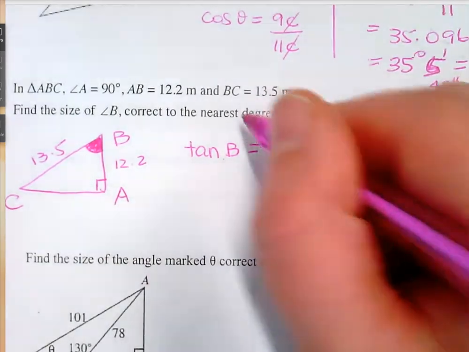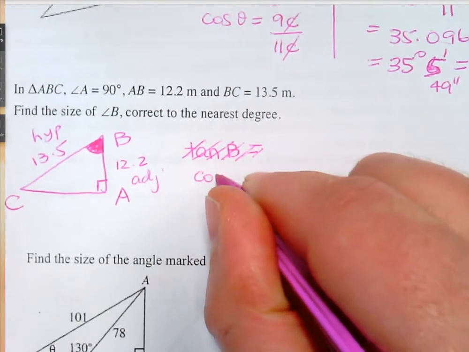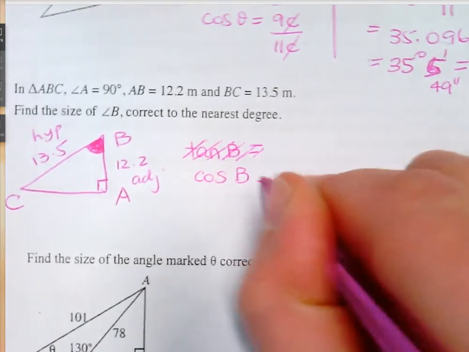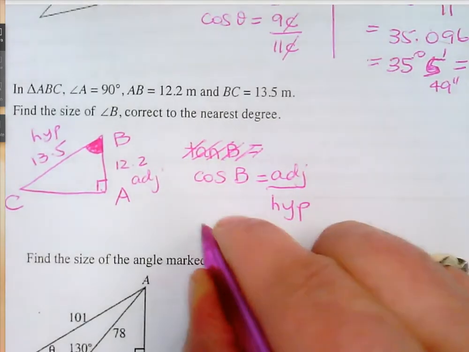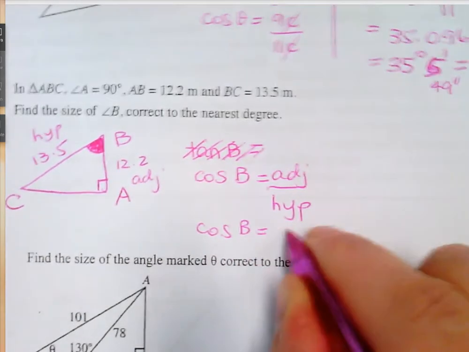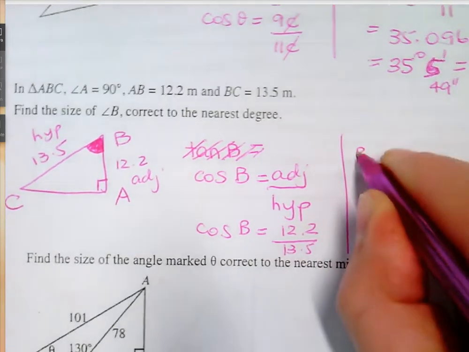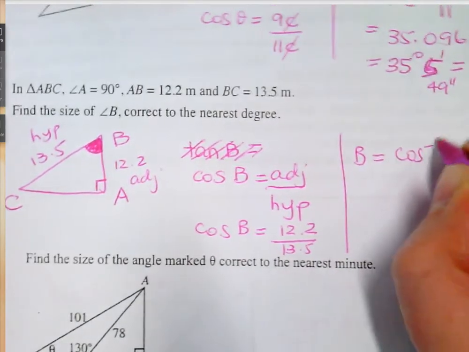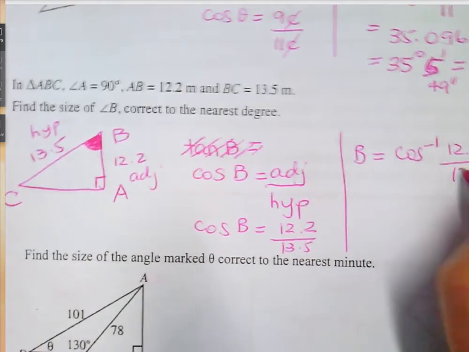I don't know why I'm putting tan. Cos. That's right. We've got adjacent and hypotenuse. Cos of angle B is adjacent on hypotenuse, 12.2 over 13.5. So B is cos to the minus 1 of 12.2 on 13.5.